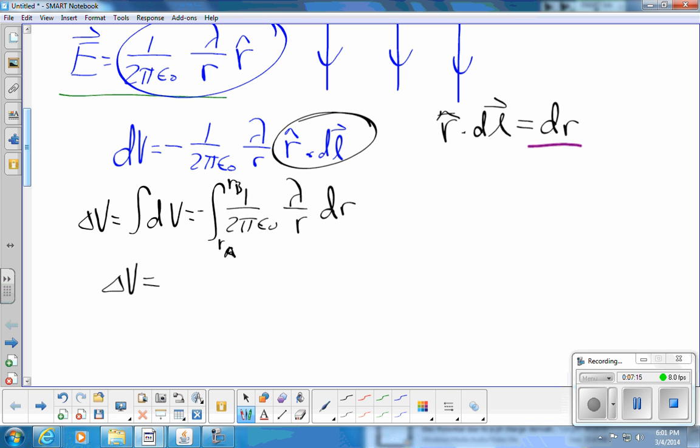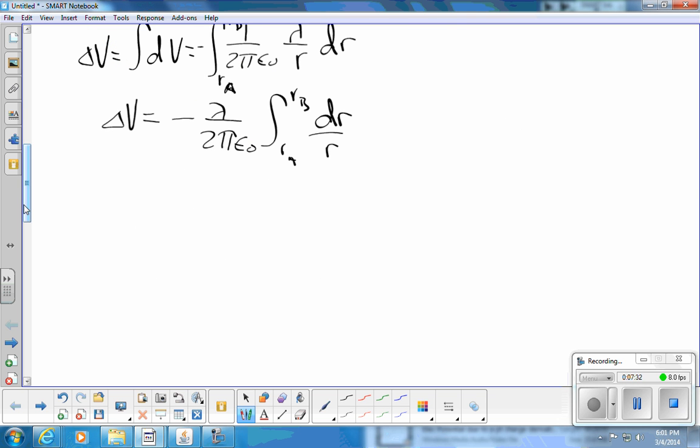And so let's see. I will now do this integral. I'm going to pull out the constant. So I've got negative lambda over 2 pi epsilon naught, integral from rA to rB of dr over r. Okay, that's a straightforward integral, luckily.